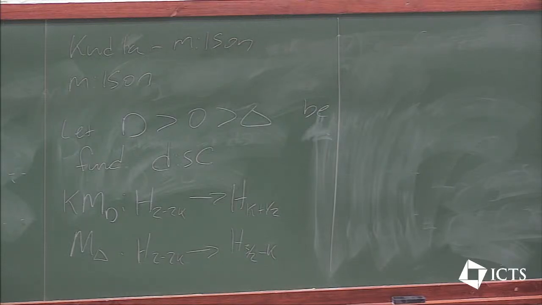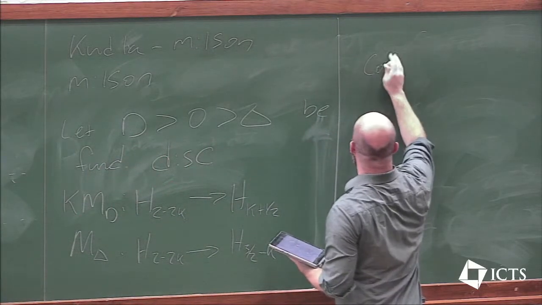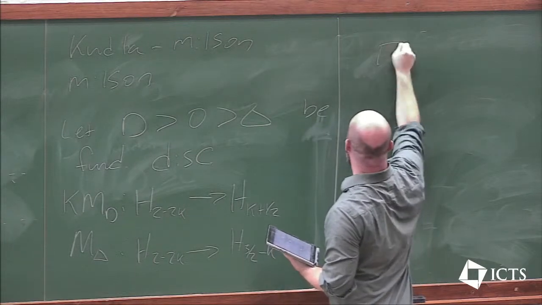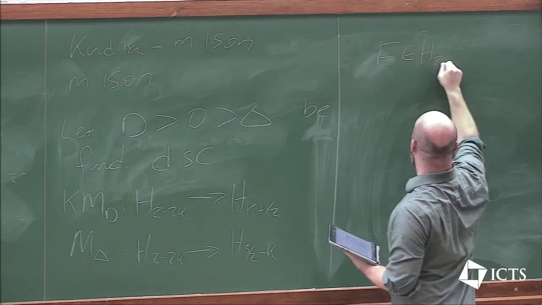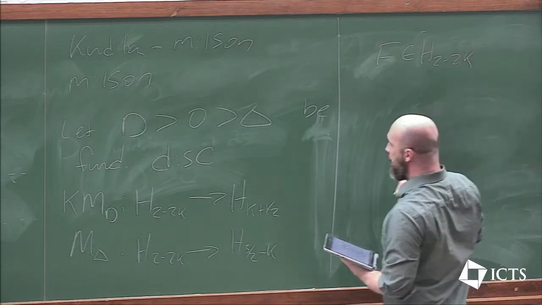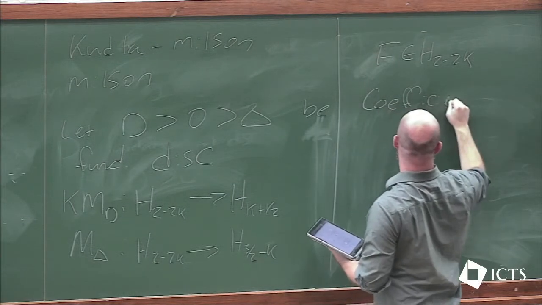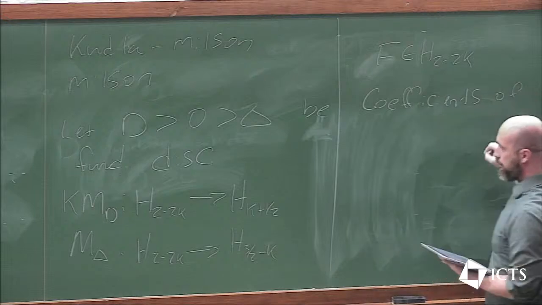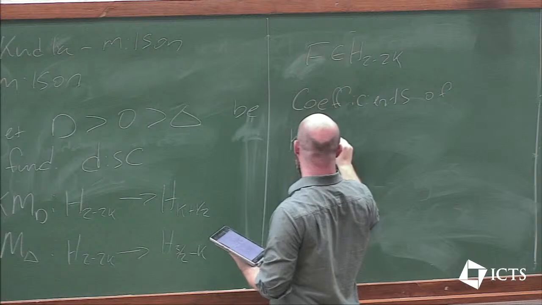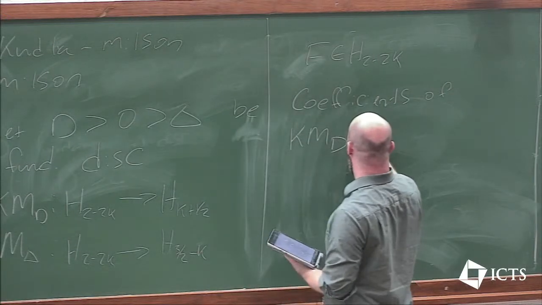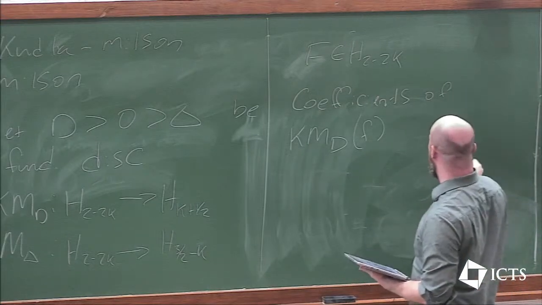What these give us are coefficients of the lift. So if I have F, some harmonic Maass form in H of 2 minus 2k, then the coefficients of KM_D of F are going to look something like this.